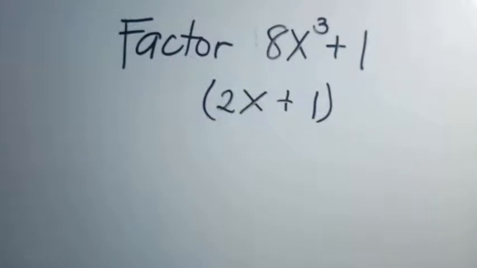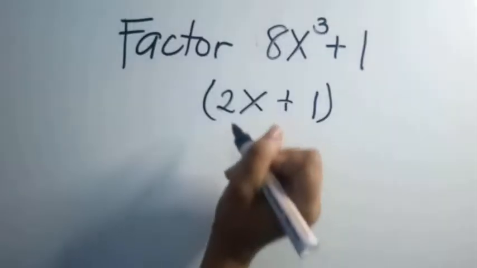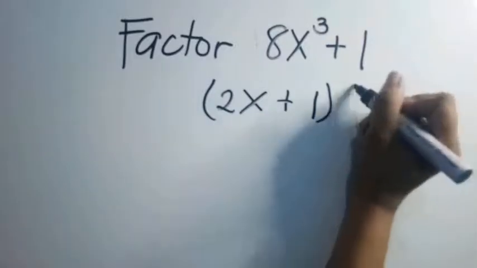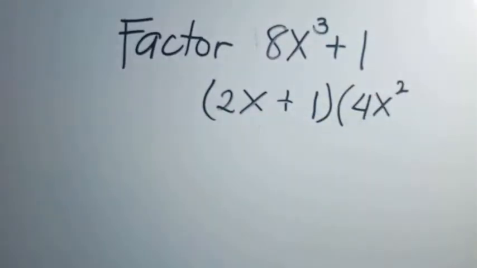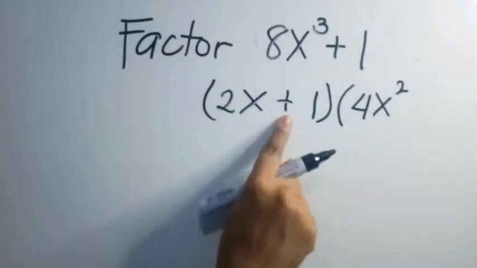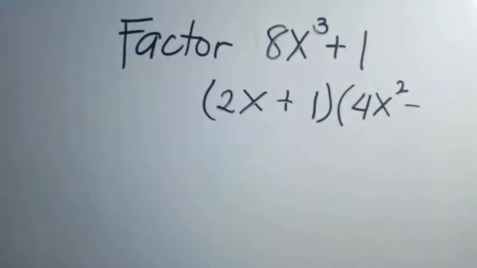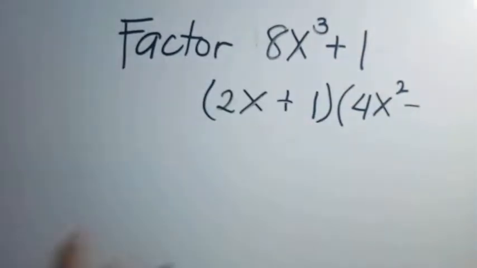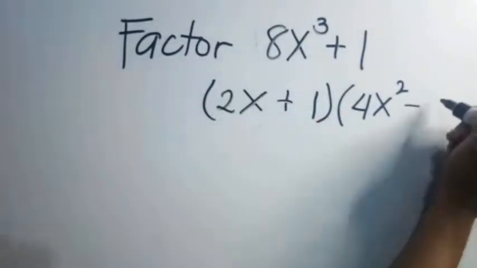Then to get the trinomial factor, we're going to square the first term of the binomial factor. So this will be the first term. Then what is the square of 2x? It is 4x squared. Then get the inverse of the sign. We have negative. To get the middle term, we're going to multiply the first term and the second term. So 2x times 1 is 2x.